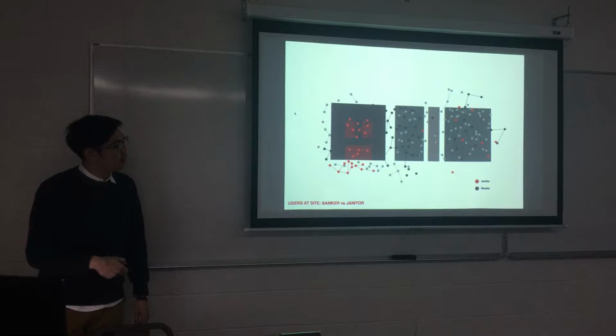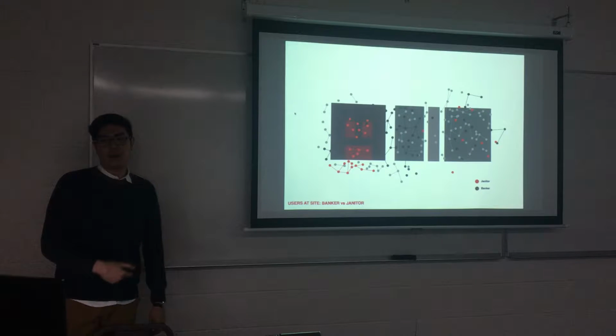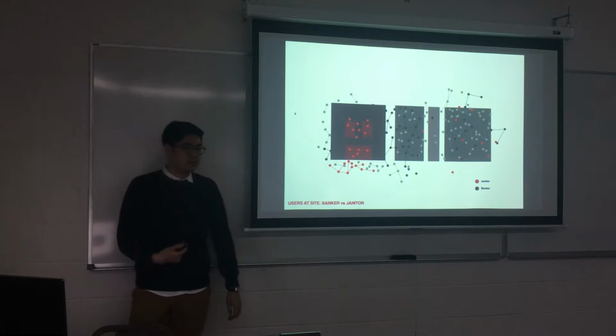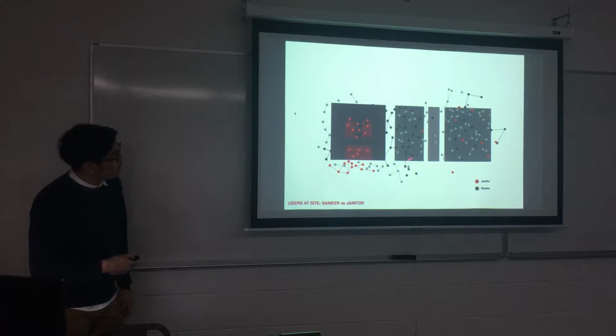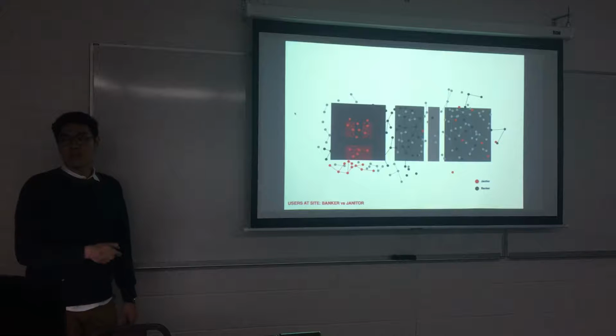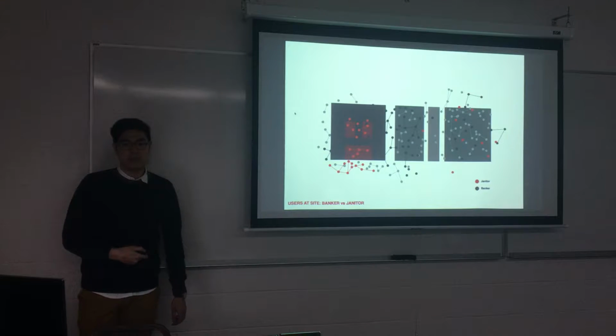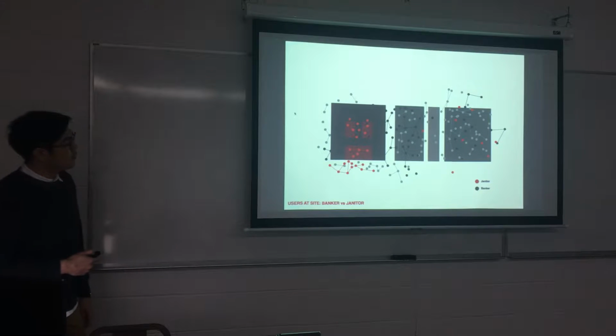By considering all the people on that site, I categorize two different kinds of users. The red one represents the janitor, and the gray one represents the banker. This displays the conflict between two different kinds of people on the site. The janitor will stick around inside the building.